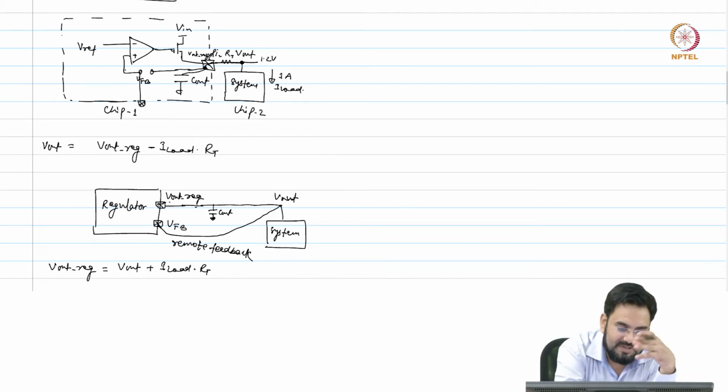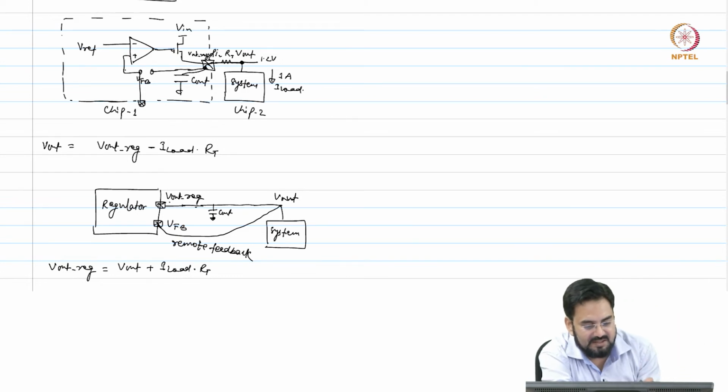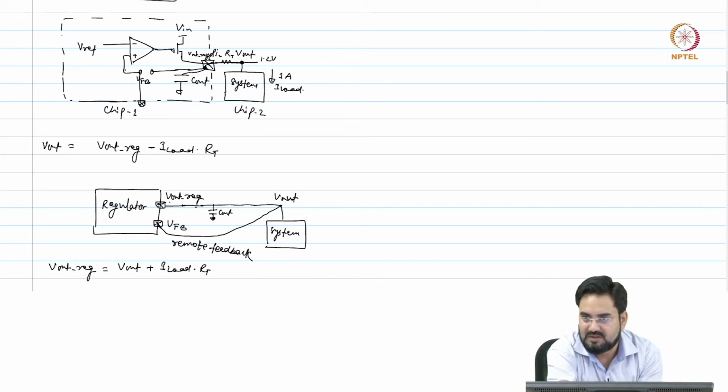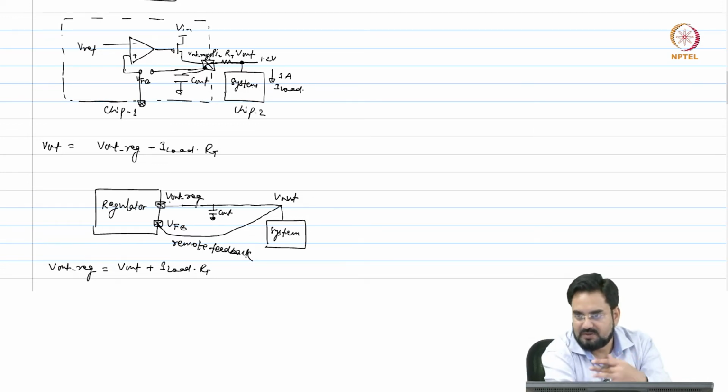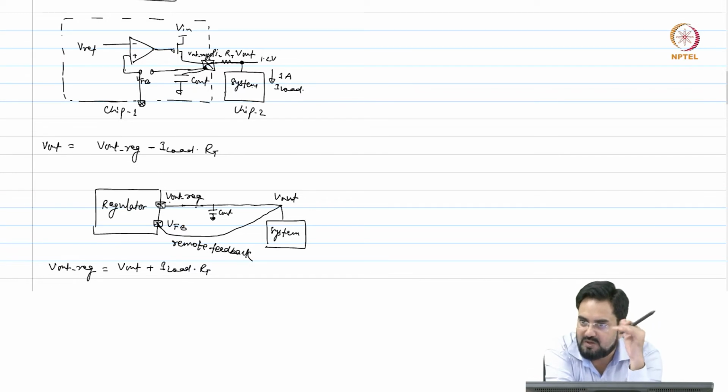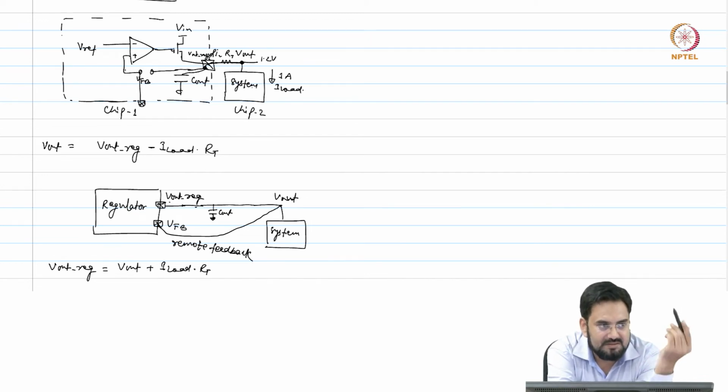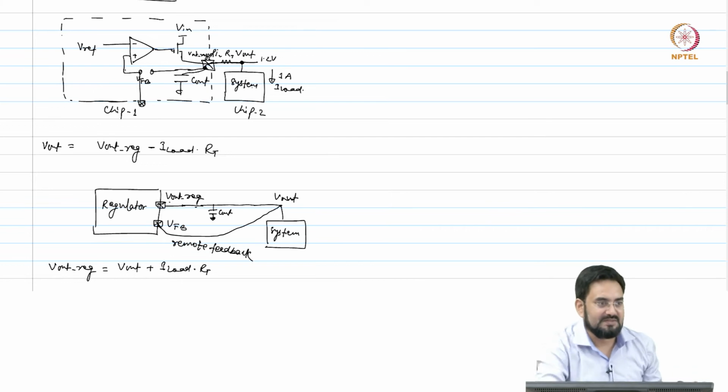It all depends on how much you gain by doing that, and sometimes you may have to underperform your system also, because if you want to run at full strength you want 1.2 volt, but you are supplying only a lower voltage, then that means you cannot run it at full strength. So, your system is forced to run at lower supply and lower performance.